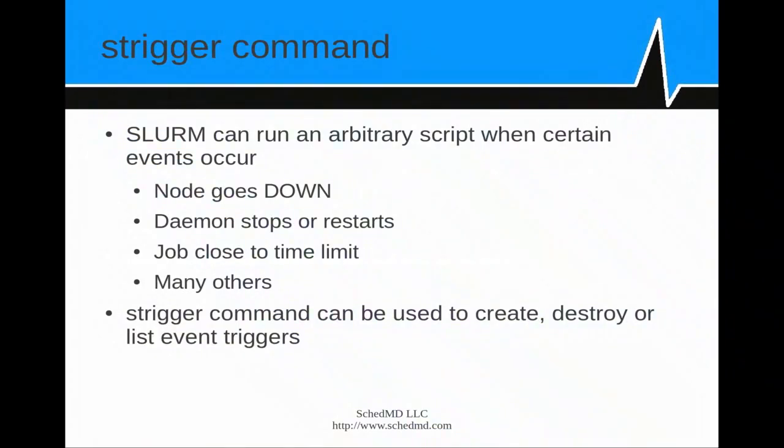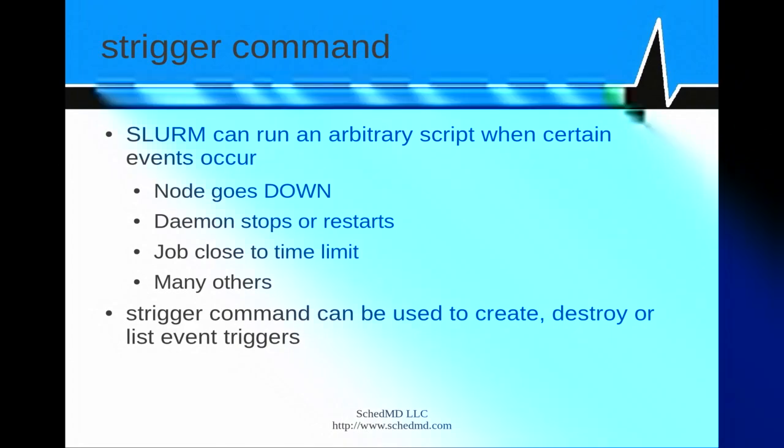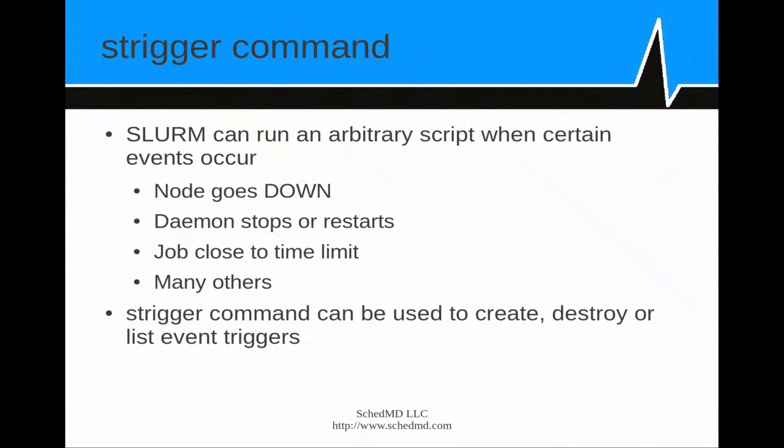strigger can be used to run an arbitrary script when certain events occur. So if a node goes down, or a daemon stops or restarts, or a job is close to its time limit, you can cause the script to be run. So for example, you might send an email message to a system administrator whenever any node goes down.